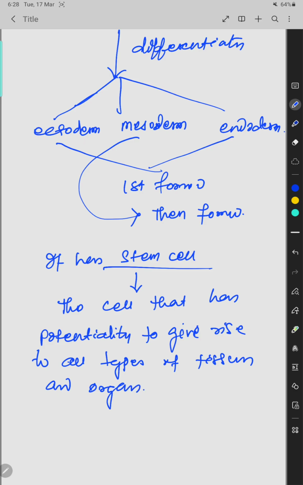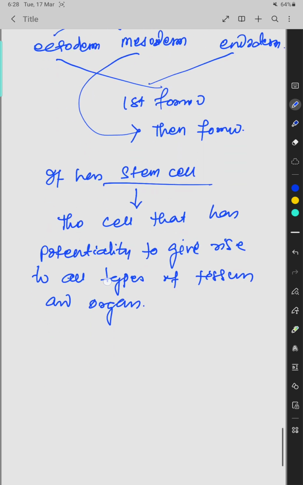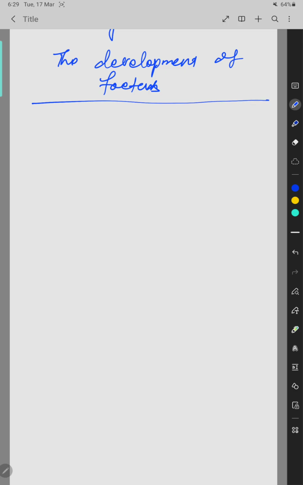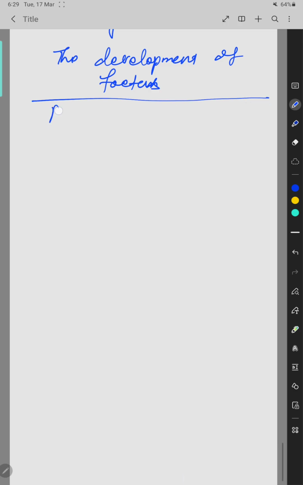Okay, now next come to the parturition. No, before that we'll come to the gestation period. Okay, so now what happens during pregnancy? The development of fetus. Okay, let us see what happens. So the human during pregnancy, pregnancy duration is 9 months.